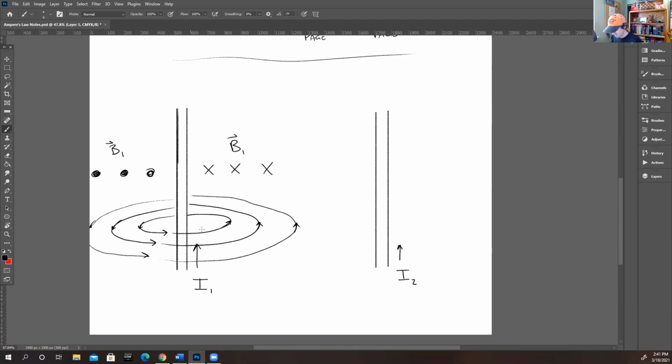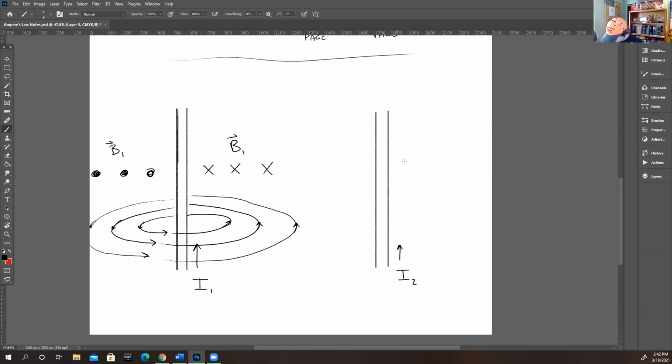So it would have the same sort of circular magnetic field flowing around it using that closed right hand rule, and it has the same sort of thing flowing around it.